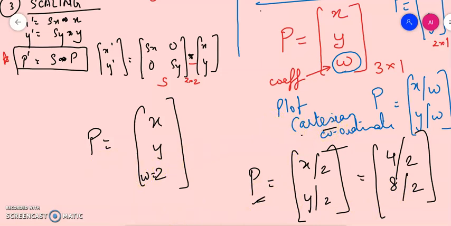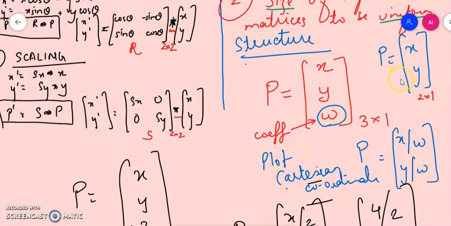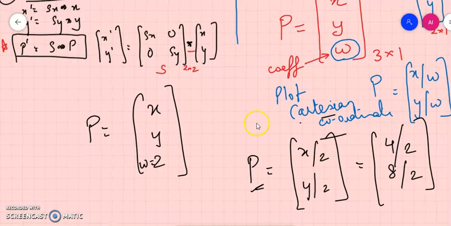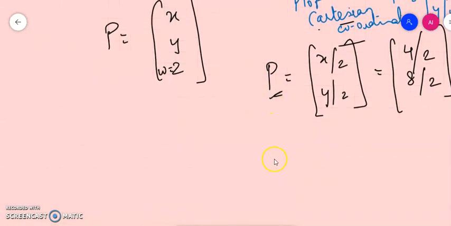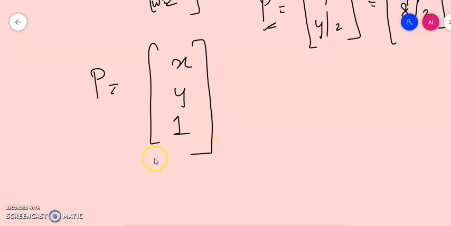So whenever I'm talking about homogeneous coordinates, the correction I am going to make is, instead of writing my P matrix as 2 rows 1 column, now my P matrix will be 3 rows 1 column. Please note how I write the homogeneous coordinate finally. So P is equal to x, y, and for simplicity I'm going to write 1.